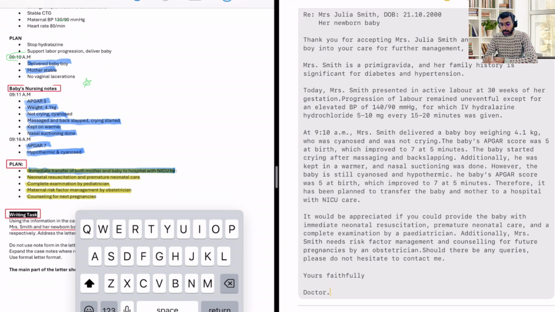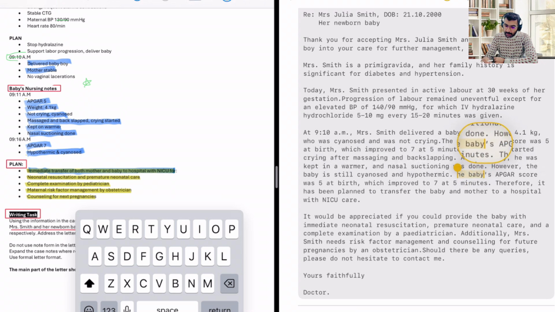The baby's APGAR score was 5 at birth, which improved to 7 at 5 minutes. The baby started crying after massaging and back slapping. Additionally, he was kept in a warmer and nasal suctioning was done.